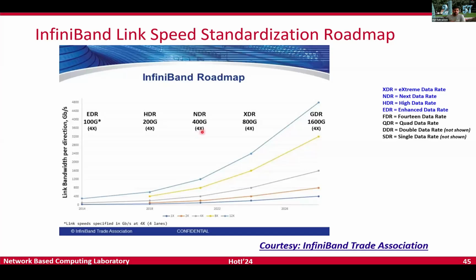So that is what is represented by 4x. So as was mentioned earlier, you potentially can have any type of bandwidth as your wires get thicker, but your typical deployment scenario is 4x. And currently we are at the NDR regime.